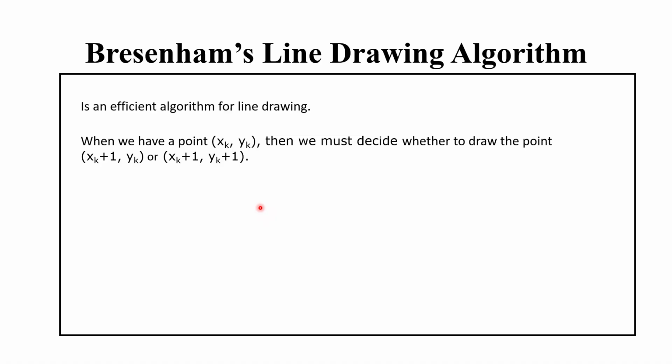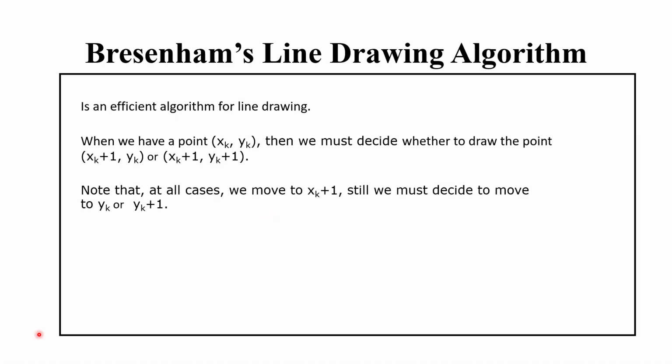For making this decision, let us assume we have a graph like this, and this particular point is xk, and this is yk, and y is equal to mx plus b, which is the Cartesian line equation.